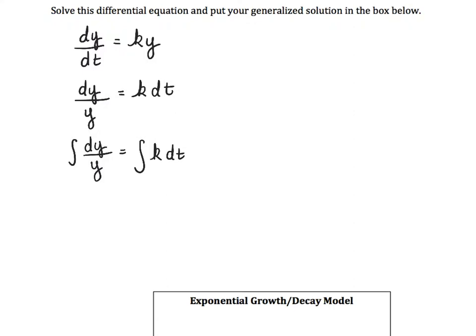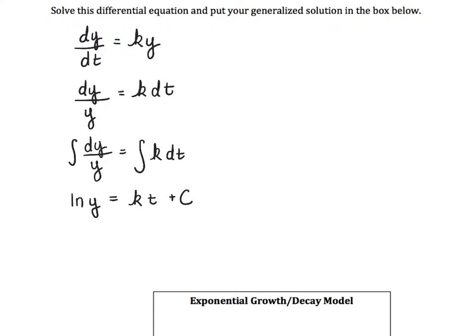And so when I integrate dy over y, that jumps out at us as the natural log of y. And then the integral of any constant will be that constant times whatever your variable is. In this case, that is t, and we're just going to put our plus c on this side just for ease. Okay, so now we've got to solve for y.